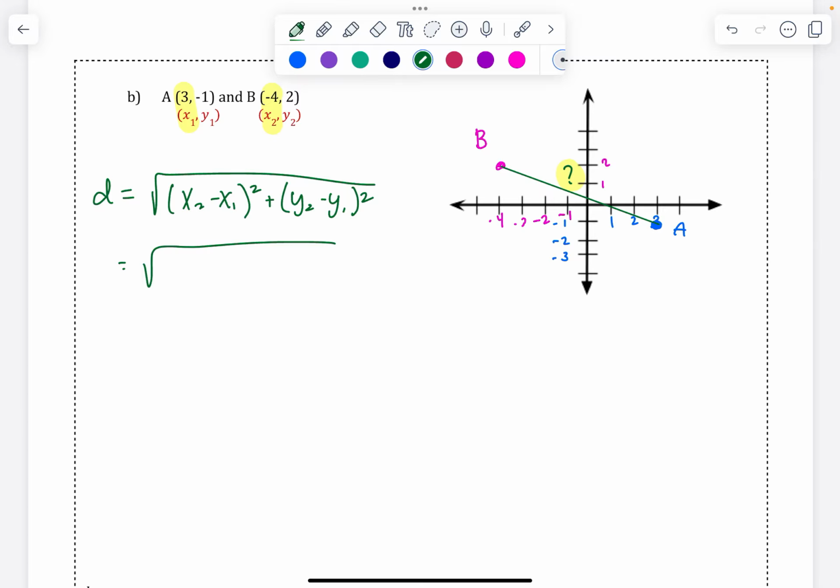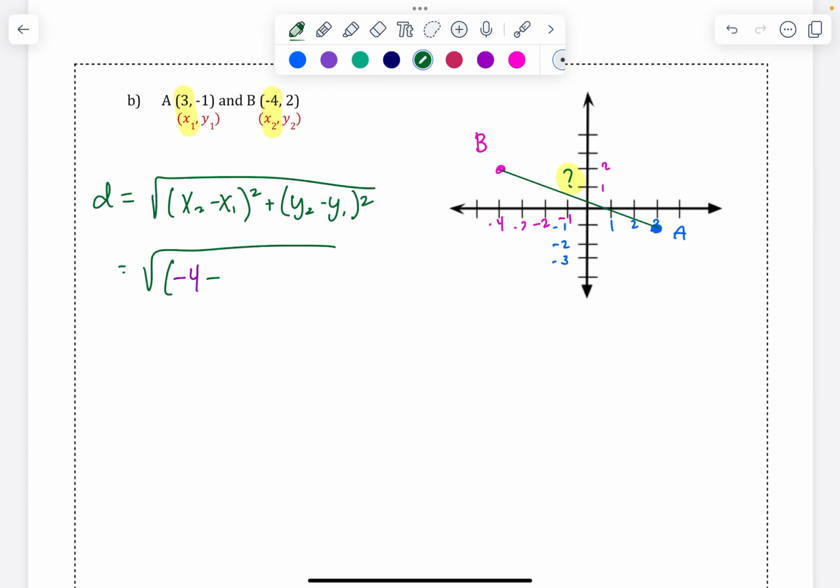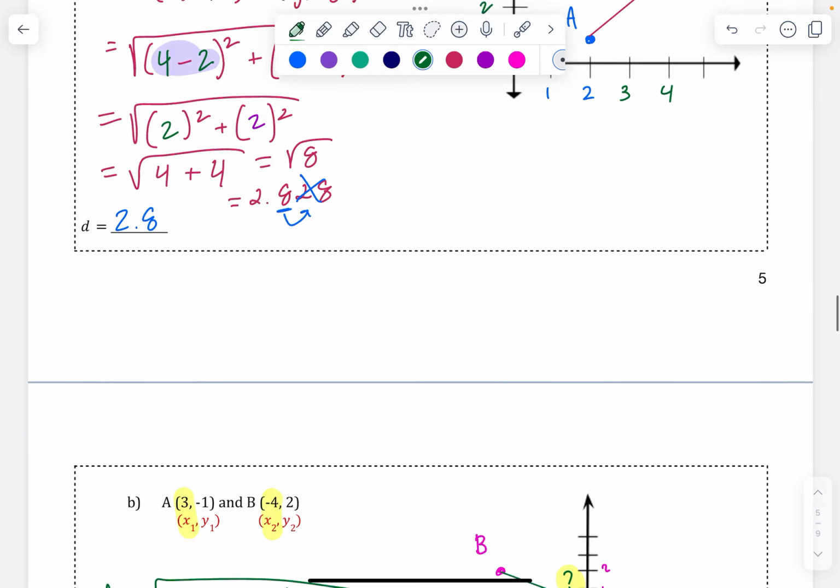So x2 is what? Negative 4 minus the x1, which is 3. Close my parentheses and squared. Plus.